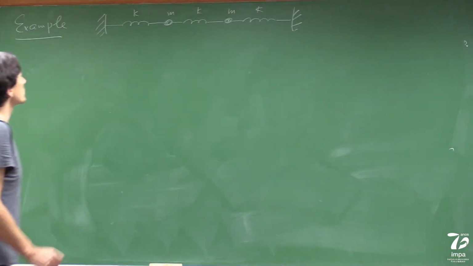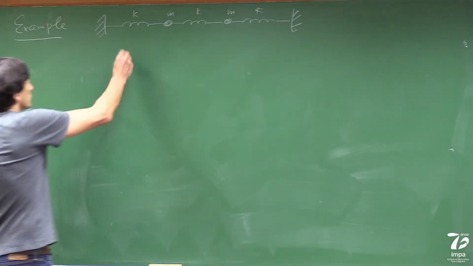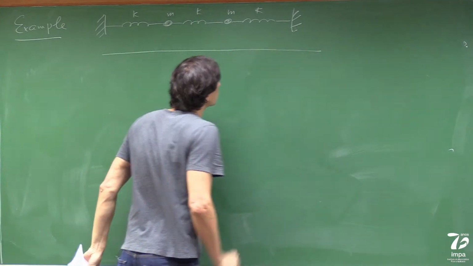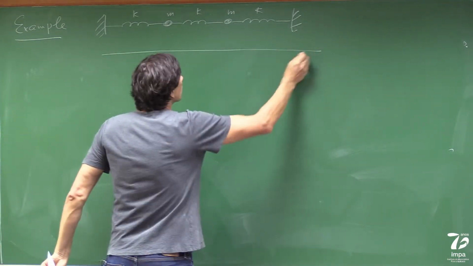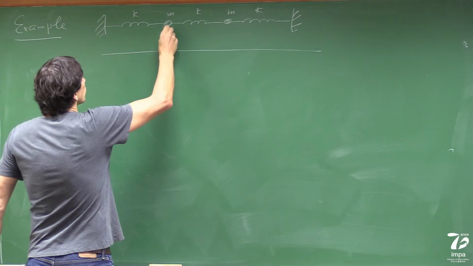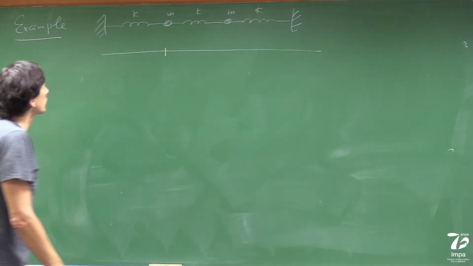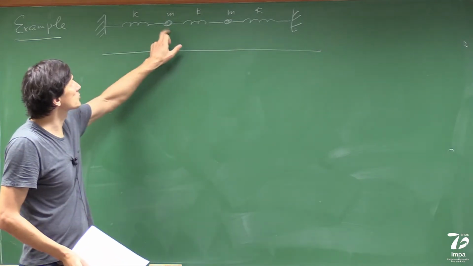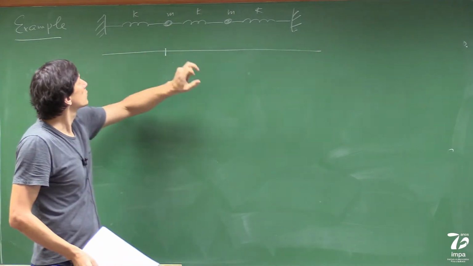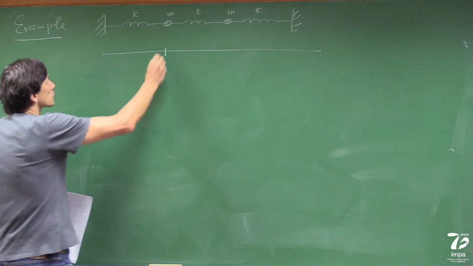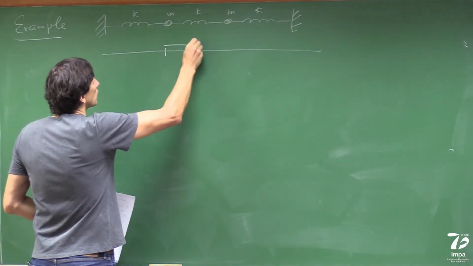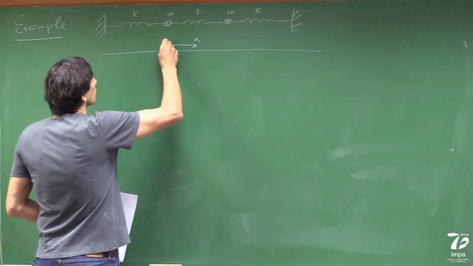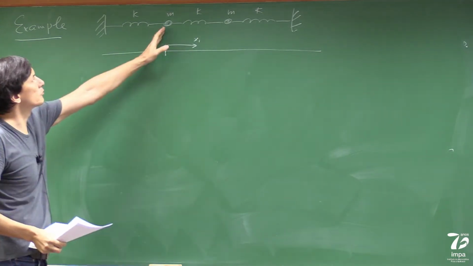So how do you describe this system? First, coordinates. Everything moves in the horizontal direction. The two coordinates have to describe the position of the two masses. The first coordinate we call x1, and we compute it from the position of equilibrium.